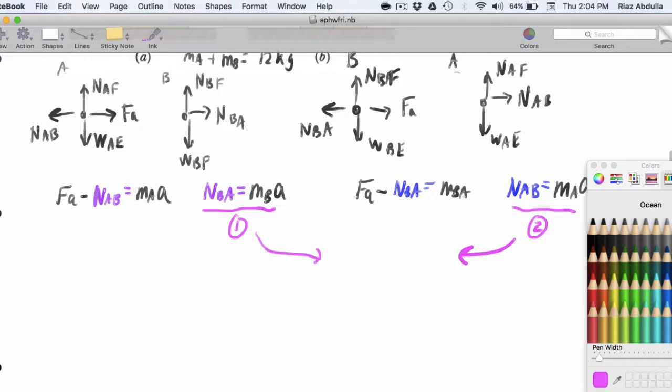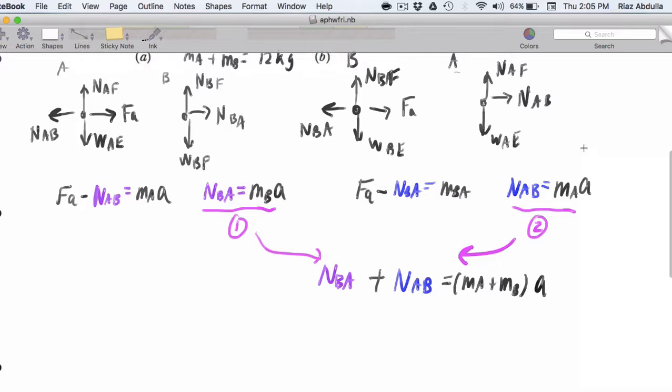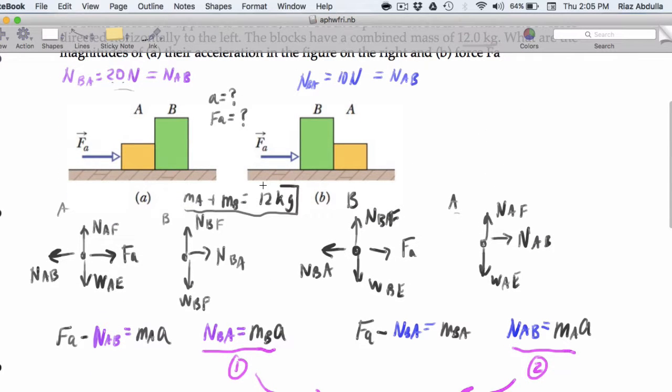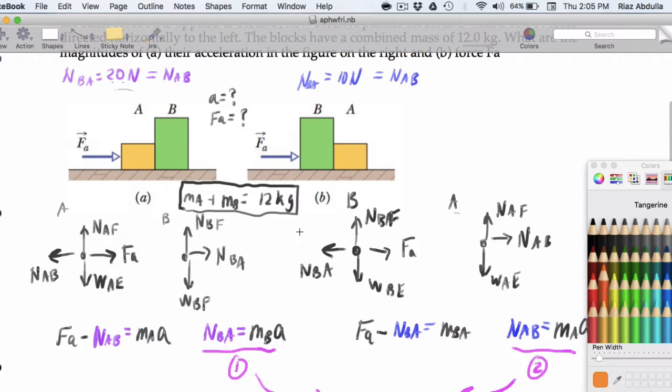They get me that NBA plus NAB, different values, equal MA plus MB times the acceleration. But here's the thing. I was told right here that MA plus MB is 12 kilograms. I'll call that equation 3.